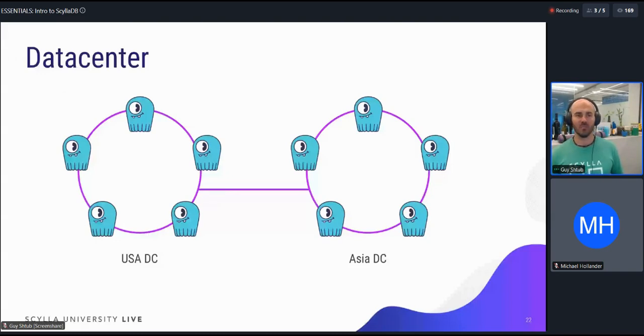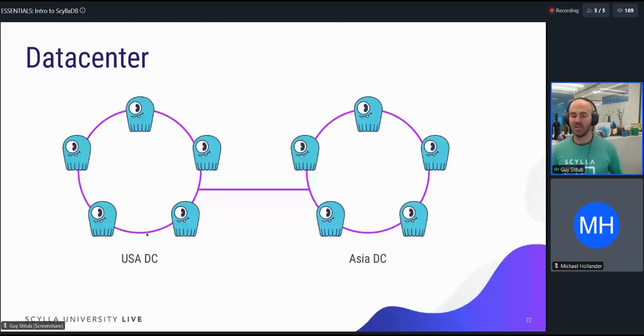And that can make sense for multiple reasons. One is possibly for regulation reasons. In some geographical locations, the data needs to be stored only within that country or within that region. So by using data centers, we can do that.